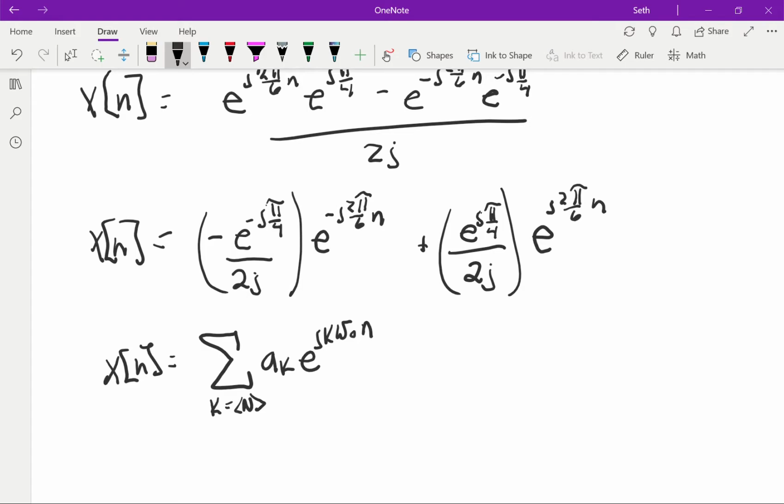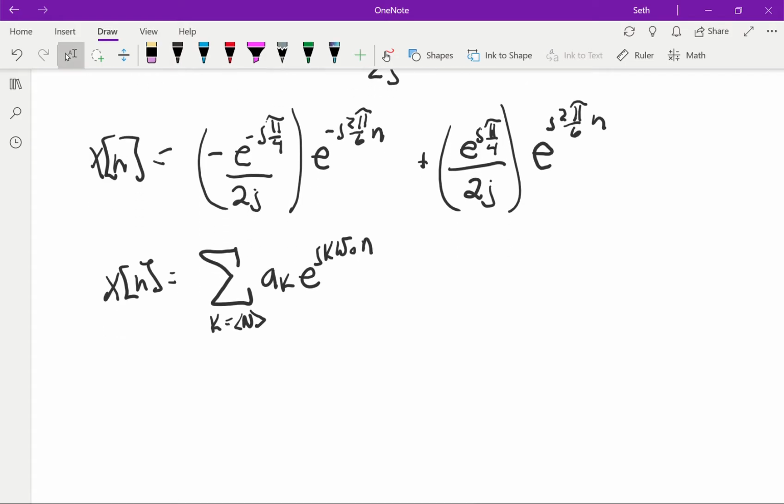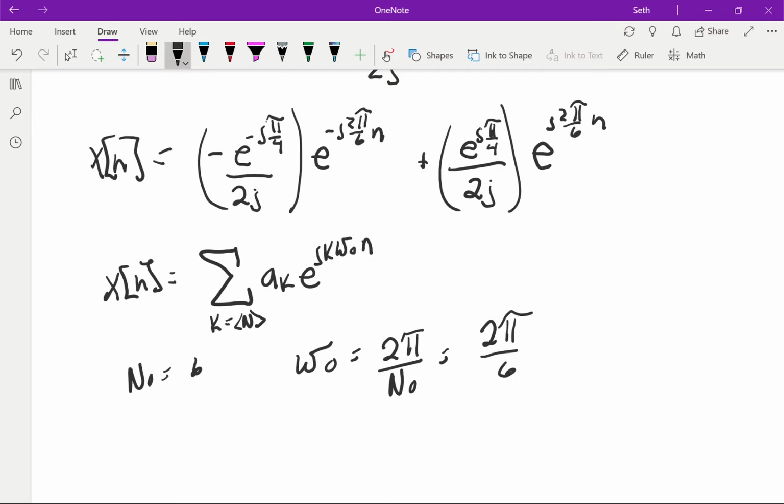We know from the problem statement that the fundamental period was 6, and the angular frequency is 2 pi divided by n naught, and that's 2 pi over 6. So our exponentials that are functions of n have 2 pi over 6 in them. That's our omega naught. And we see that here as well.